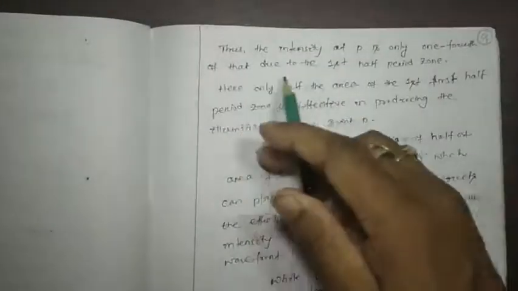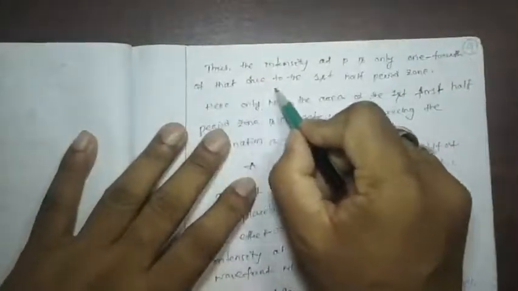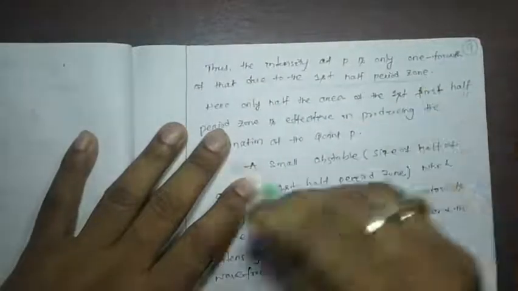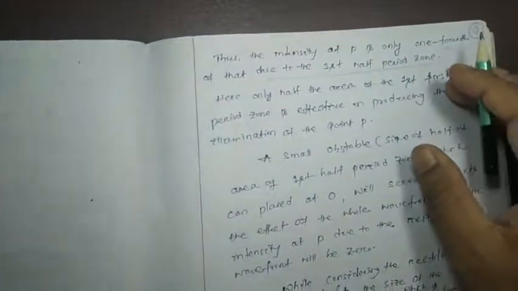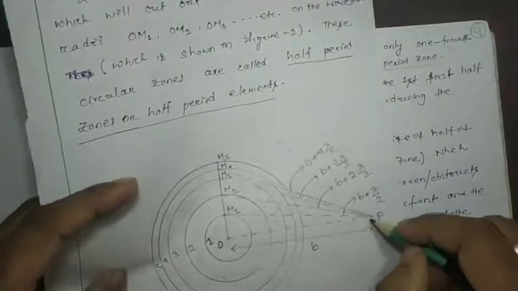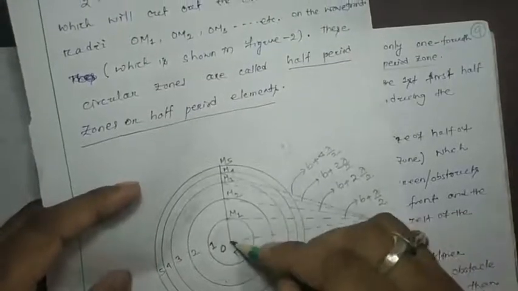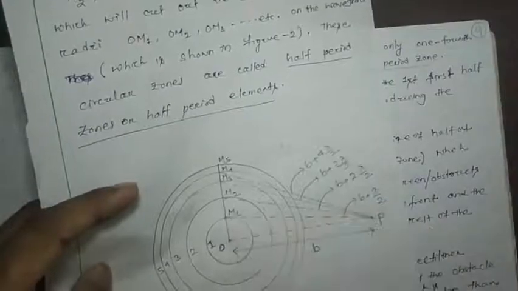So what we found, thus the intensity at point P is only 1/4 of that due to the first half period zone. From the above calculations, we found that the intensity at point P is only 1/4 of the intensity that passes through the first half period zone.